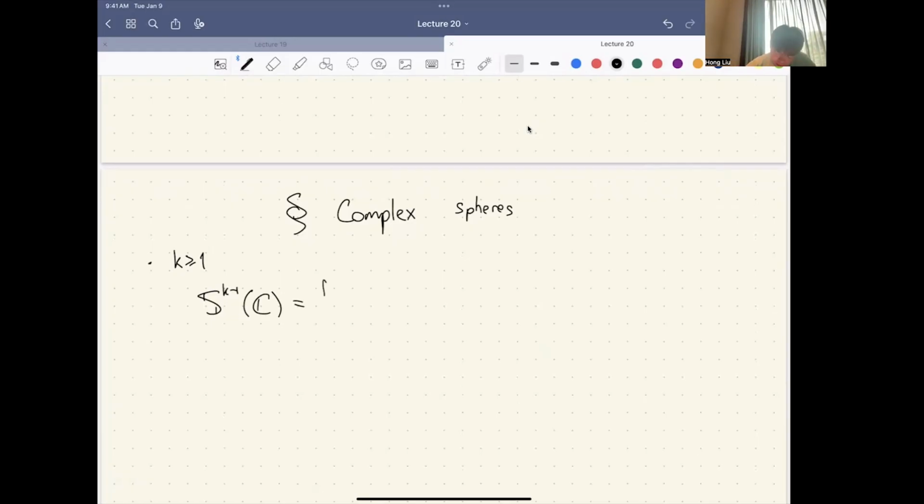This is all the complex unit vectors z_1 to z_k, each z_i is a complex number, such that the sum of the squared lengths of this complex vector is 1, unit length. This is the unit complex sphere.